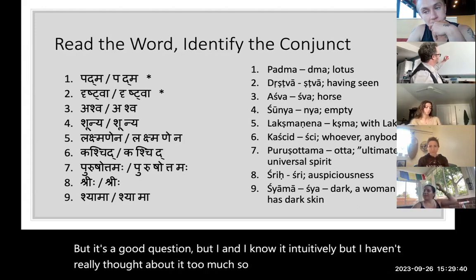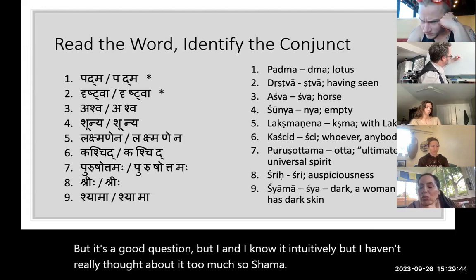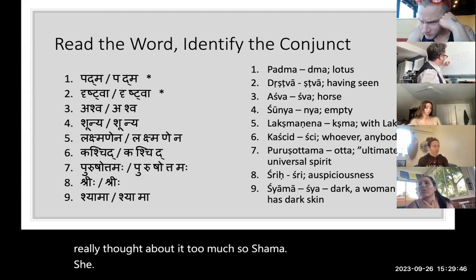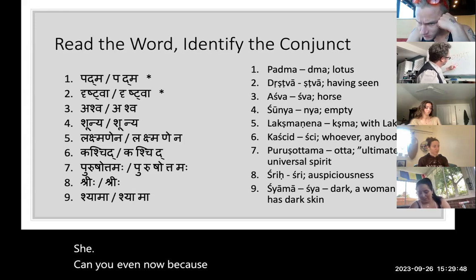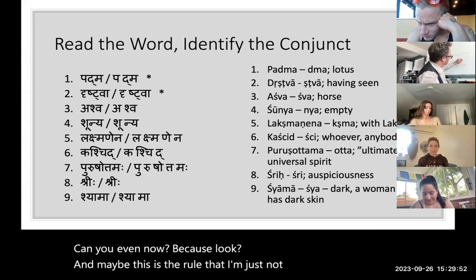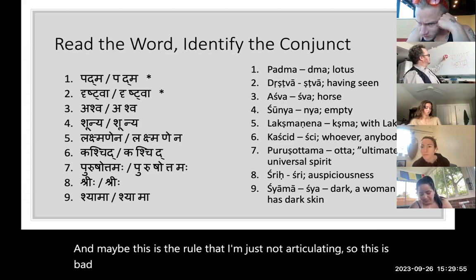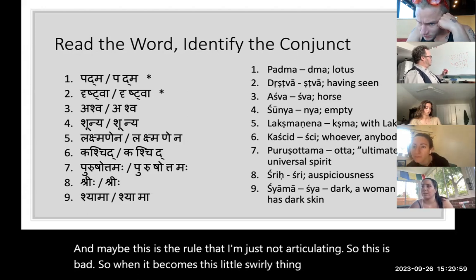So, shama. You even no, because look, maybe this is the rule that I'm just not articulating. So when it becomes this little swirly thing, it's only with like ras and vas.